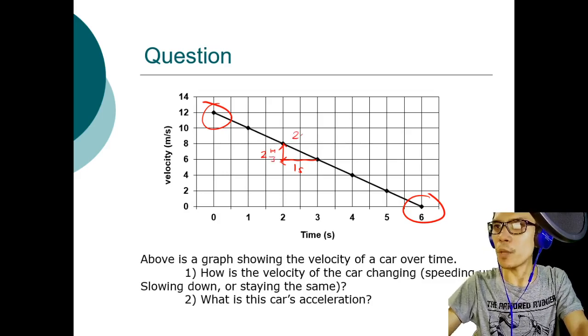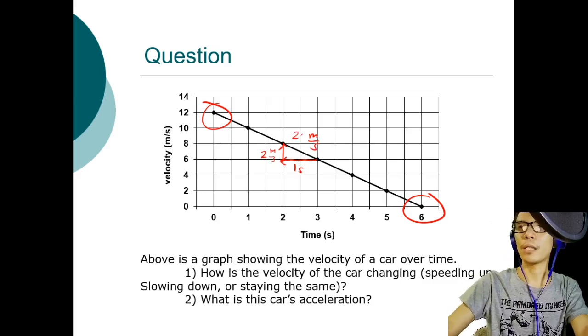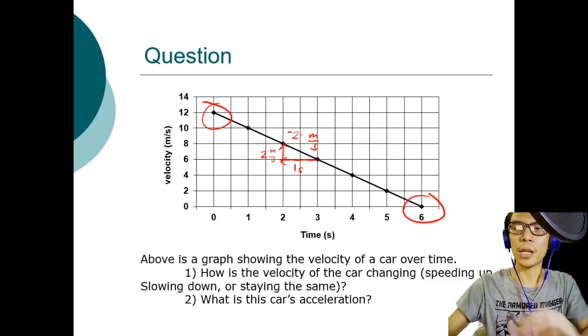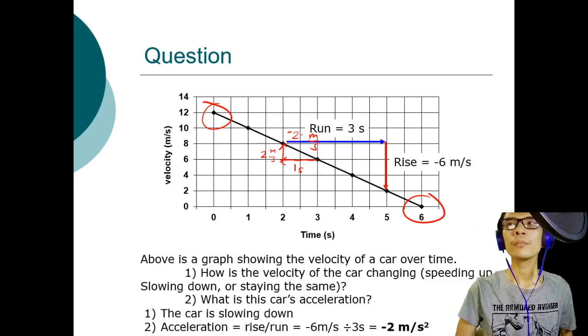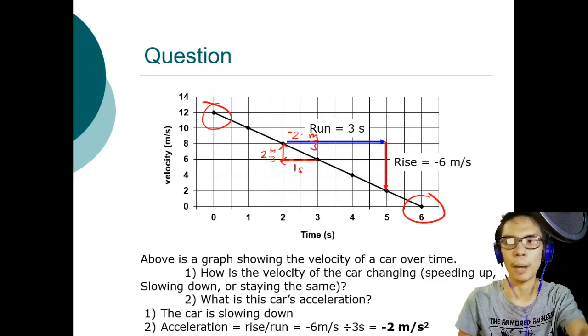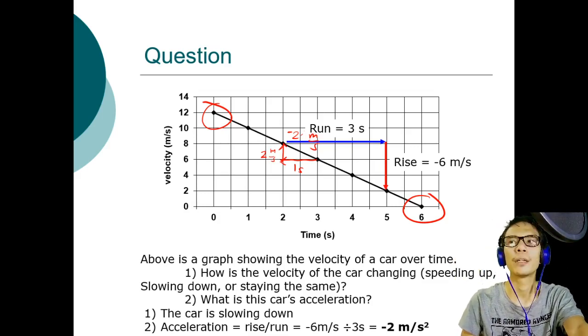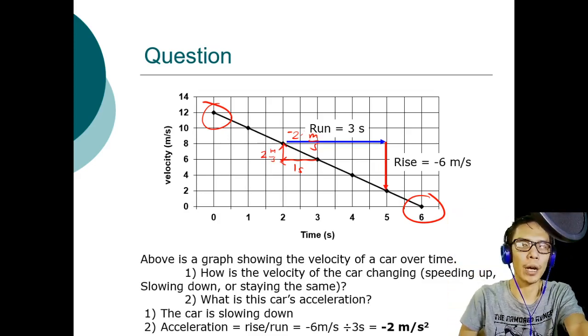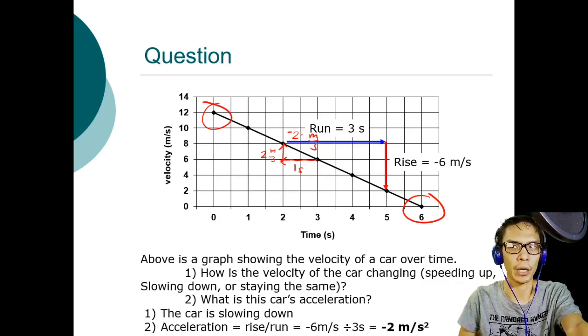The acceleration of the object is 2 meters per second squared, to the negative, so it is decelerating. That is for this graph, so take note of that one. Whenever the slope is going to the right, we can safely say that it is decelerating.